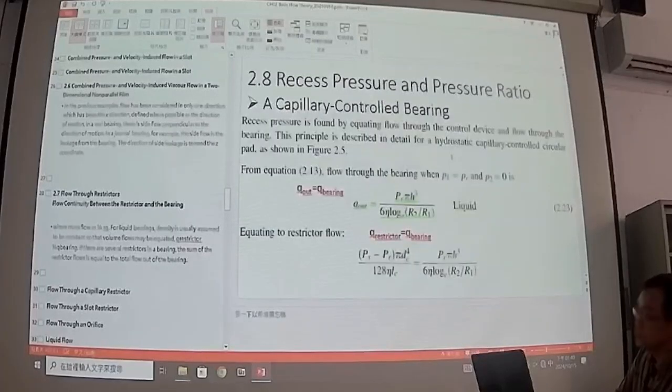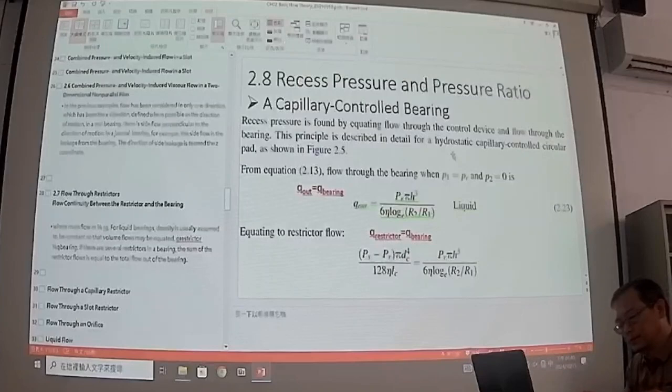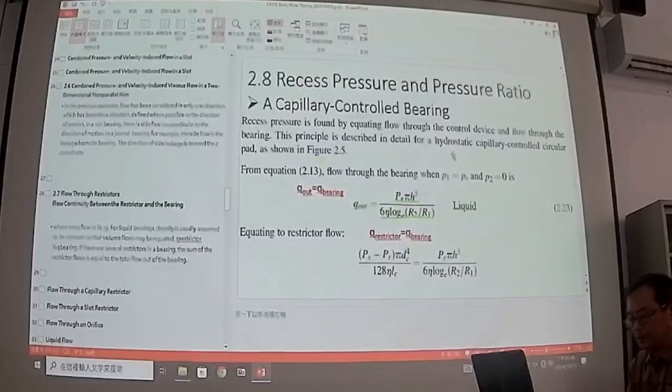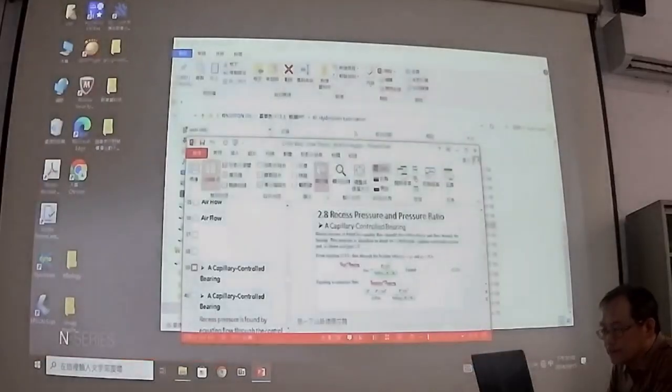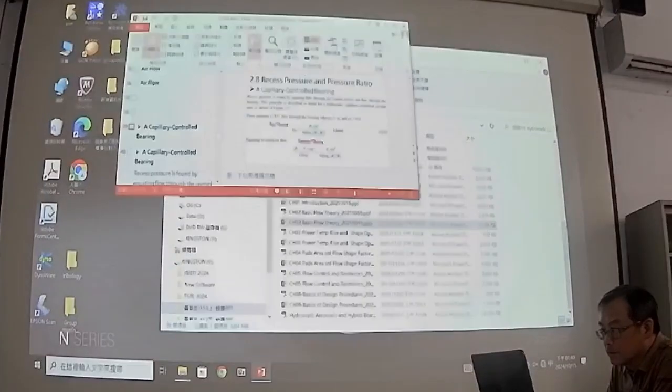So today we will continue for this section 2.8. Maybe you can go back a little bit to chapter 1.